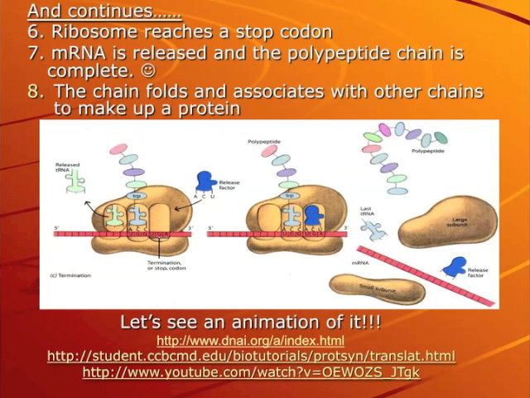Once it reaches your stop codon, and this is why the stop codons don't have amino acids on them, the release factor comes in because there's no more amino acid to attach to. The amino acid chain gets released, everything breaks up, and you end up with a polypeptide chain.